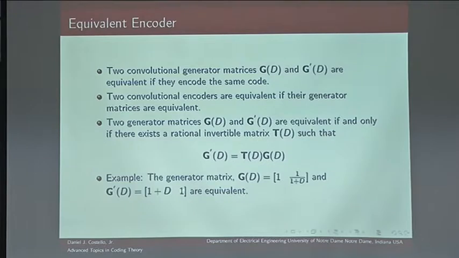So when you look at these equivalent generator matrices, you don't change the code, but you can change the correspondence between input sequence and output sequence. Now, who cares about that? Why is it important at all?